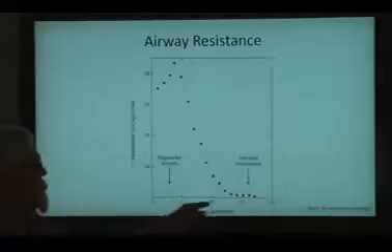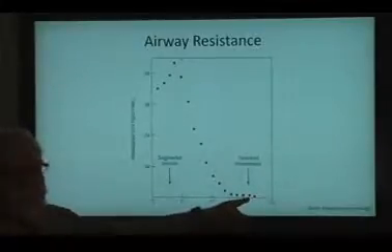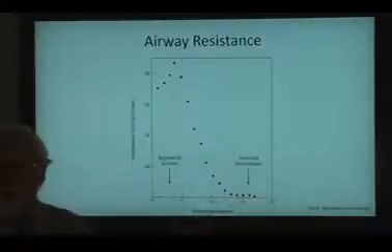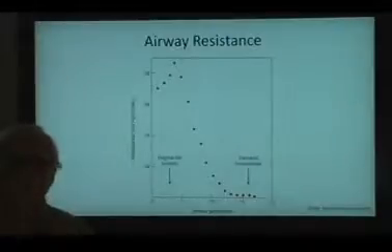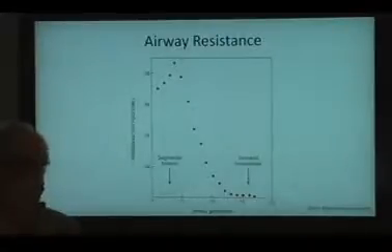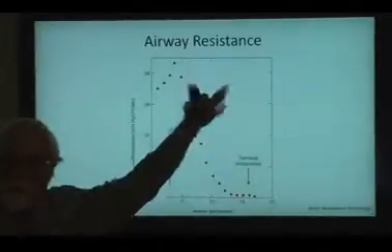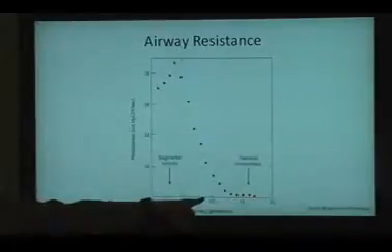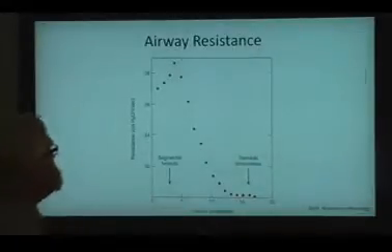But by the time we get to the terminal bronchioles in the lungs, that flow is divided among millions of airways, so that the total cross-sectional area of the trachea is this, but the total cross-sectional area of the small airways is more than this. So the total resistance in the small airways is lower than the central airways. Now that can change with disease, such as in patients with COPD, for example.